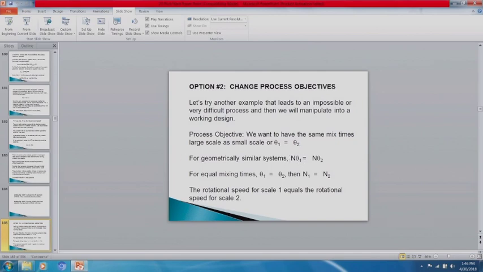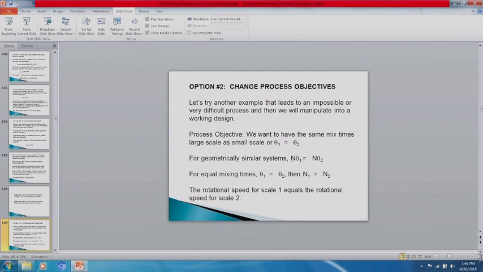Essentially, if you have geometrically similar systems, N theta 1, the number of revolutions to mix, is equal to the number of revolutions to mix on scale 2. This is backed up by correlations. N theta is primarily a function of geometry.